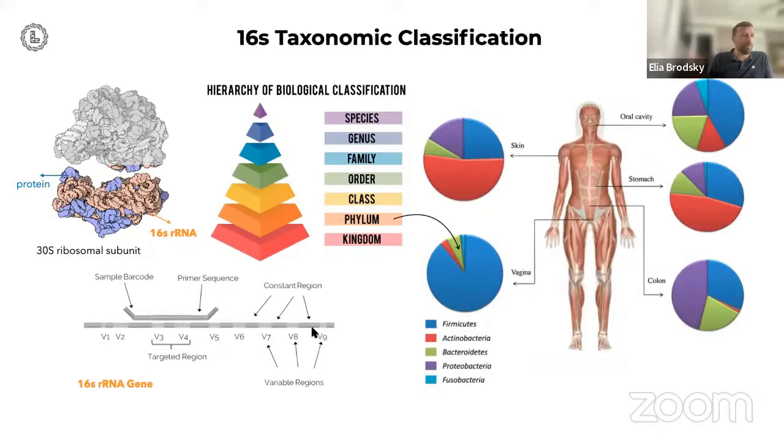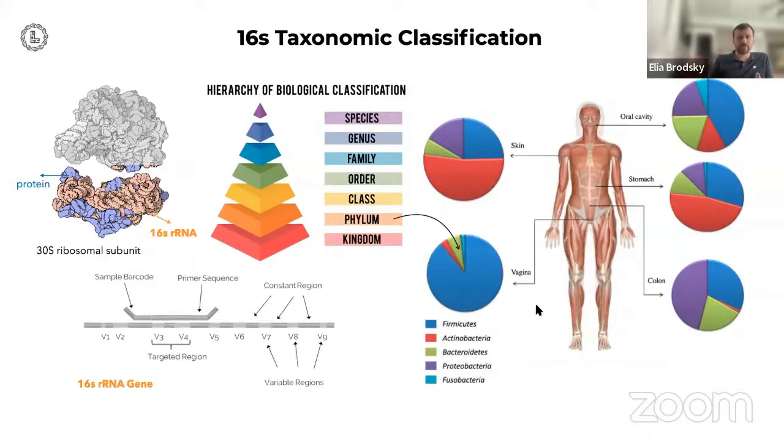The more hypervariable regions you have, the deeper you can go in the taxonomy. Bacteria is just the kingdom, and you can go all the way to the species if you sequence everything. If you only sequence some, for example two, maybe you can only go to order or family level and not any deeper. But essentially then you can look at the body, for example, and analyze the composition.